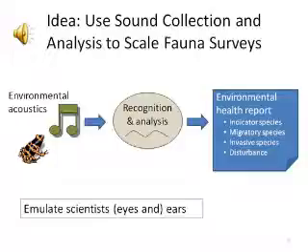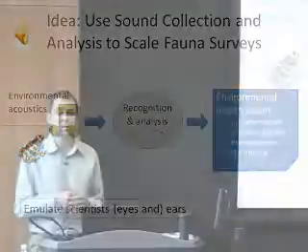It involves teams of ecologists going out into the environment and taking samples, taking observations. Australia, like the US, is a large country. We can't get a good overall picture of environmental health in that way. So the idea that we and other people have had is of using sound as a way of scaling the observations that we can make.